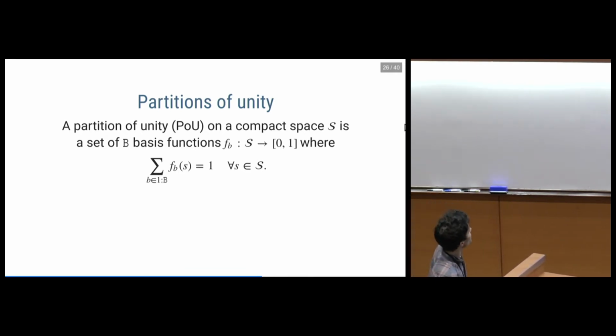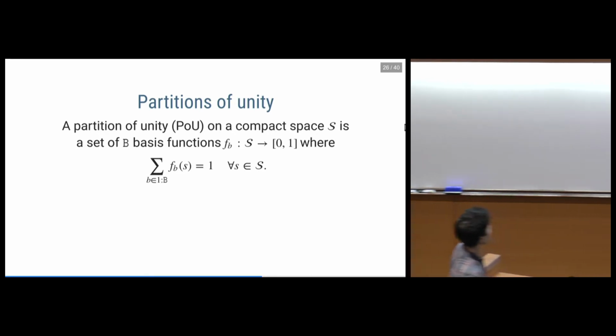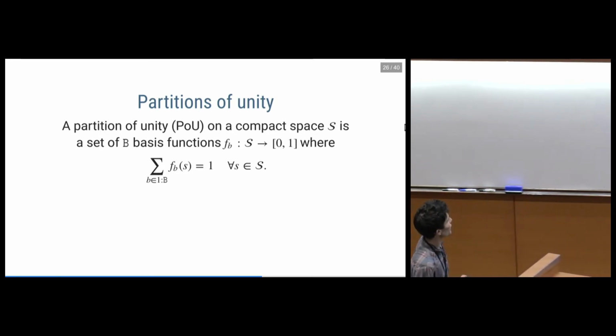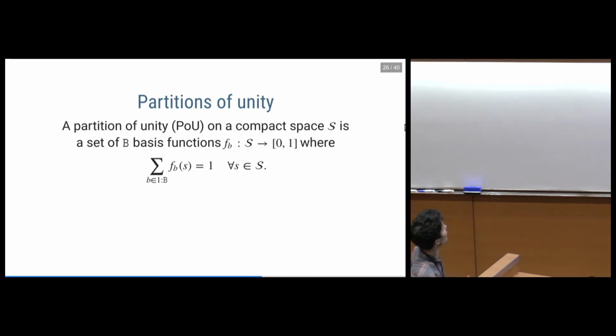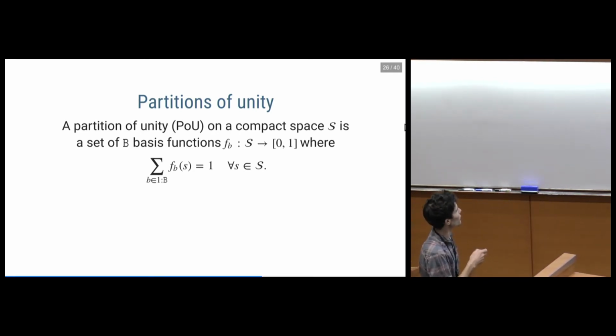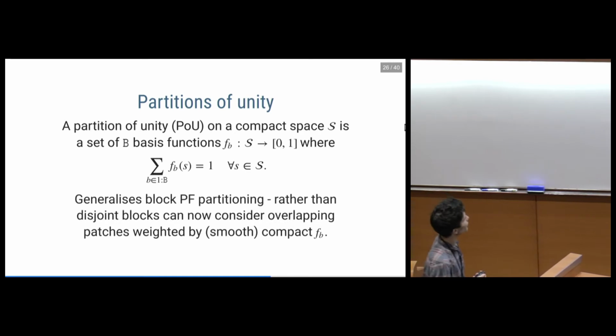Okay, so the idea that's going to underlie the method I'll describe is to extend this idea of the blocked particle filter to smoother partitions of space. So we'll consider what's called a partition of unity on the space. This is a set of basis functions which at each point in space sum to unity. Typically, we'll assume these basis functions are compactly supported and smooth.